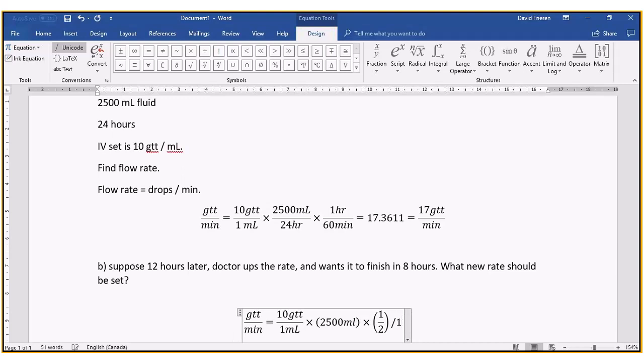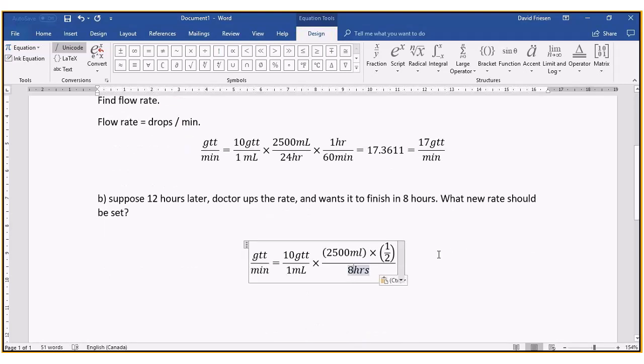We need the time remaining, so let's say 8 hours are remaining. So we've got the original fluid, half of it's been used up already, we've got half left, and instead of 12 hours remaining, the physician wants this to finish in 8.